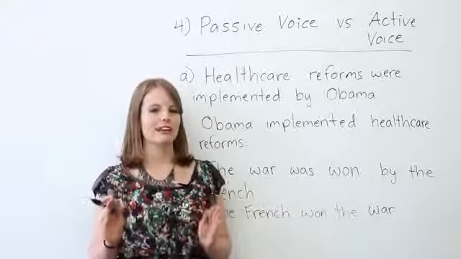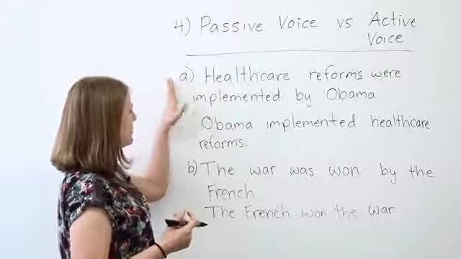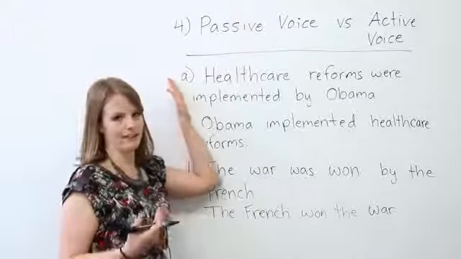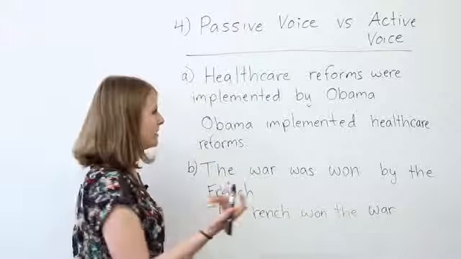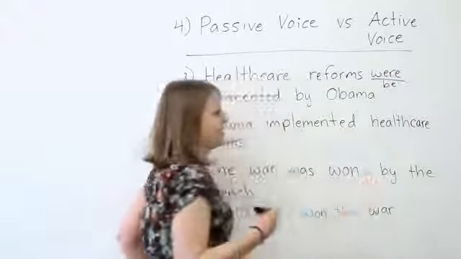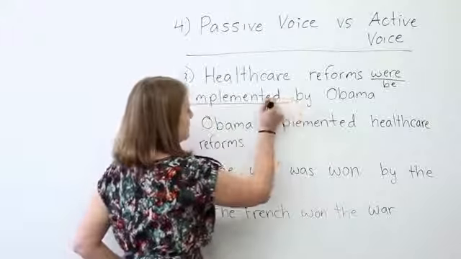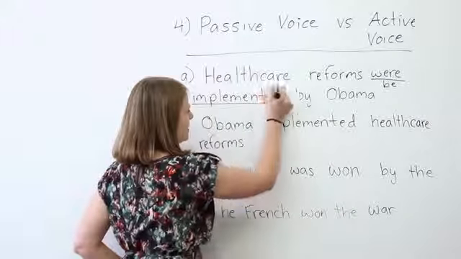So what is the passive voice and what is the active voice? So here is an example of the passive voice. Healthcare reforms were implemented by Obama. Okay, so notice first we have a form of the verb to be, and then we have the past participle of implement, in this case implemented, so you see an ed.